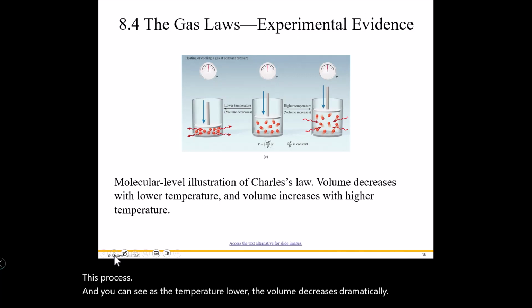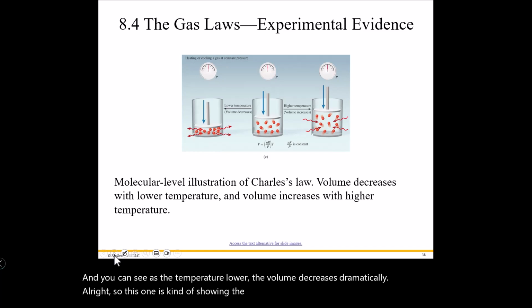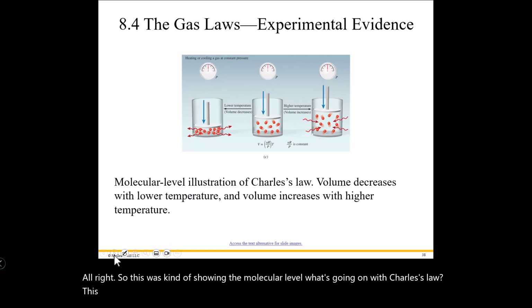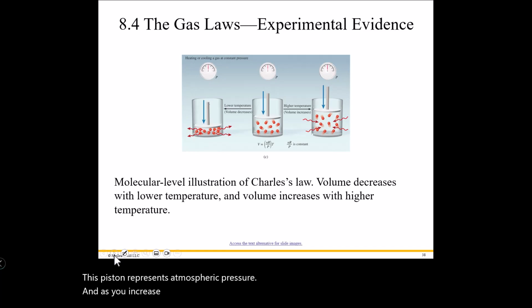All right, so this one's showing the molecular level of what's going on with Charles's law. This piston represents atmospheric pressure. And as you increase the temperature, these molecules have more kinetic energy.